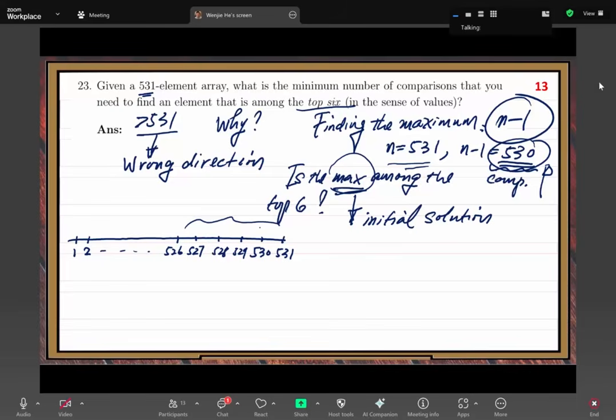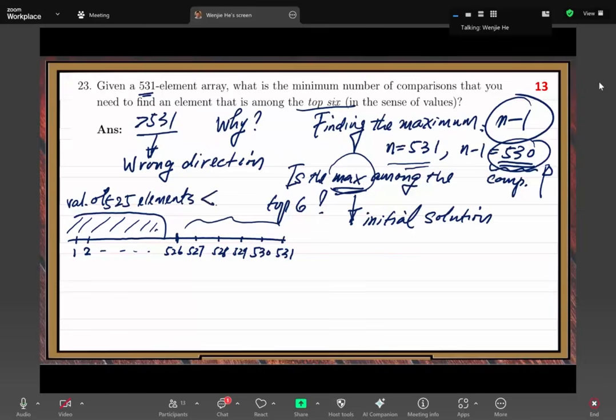Now, top 6, that means we need some element. That element should be greater than 525 elements, right? Not the value, but this many elements.